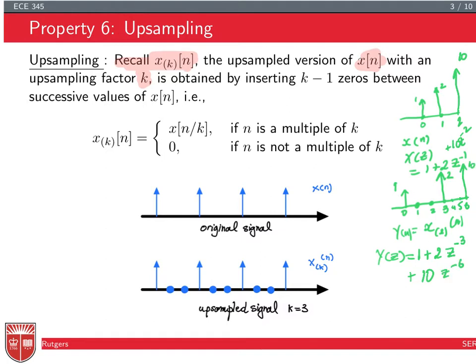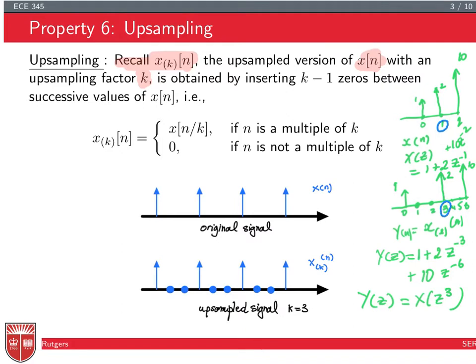So what does that mean? You can check that y of z is actually equal to x of z cube here. To see why this is true, you can check here that whatever power of z that was negative 1, it became negative 3.